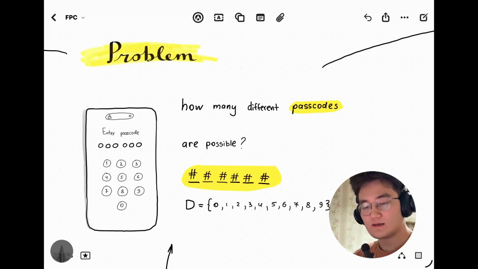Each slot can contain any digit from 0 to 9. And now the question: how many different passcodes are possible with the given condition? I encourage you to pause this video and try to solve this on your own.